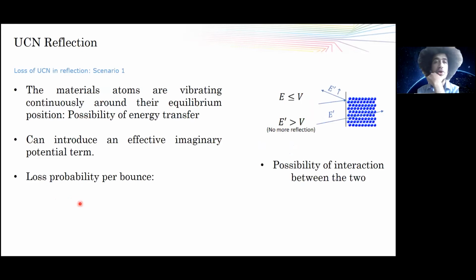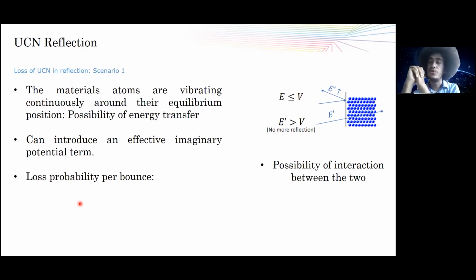Okay, but unfortunately, as I said, we're not in a perfect setting. We're going to have scenarios where we have a loss of our ultra-cold neutrons while they are bouncing around. The first one is that despite temperature being around 2 millikelvin, the atoms in your material are still going to be vibrating around their equilibrium position.